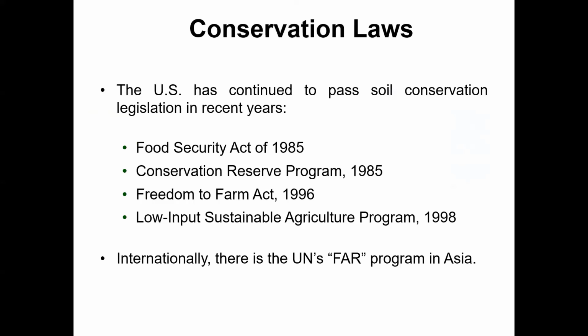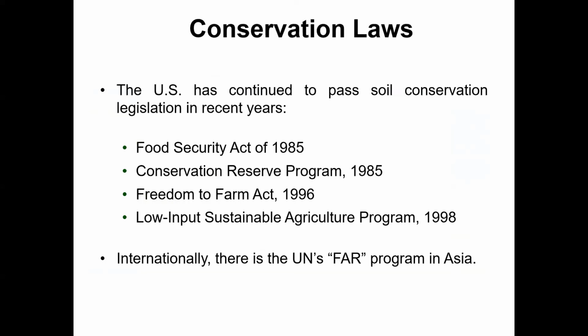Just to give you some examples, you have the Food Security Act of 1985, the Conservation Reserve Program in 1985, the Freedom to Farm Act in 1996, and the Low Input Sustainable Agriculture Program in 1998. And internationally, the United Nations has introduced the FAR program in Asia.